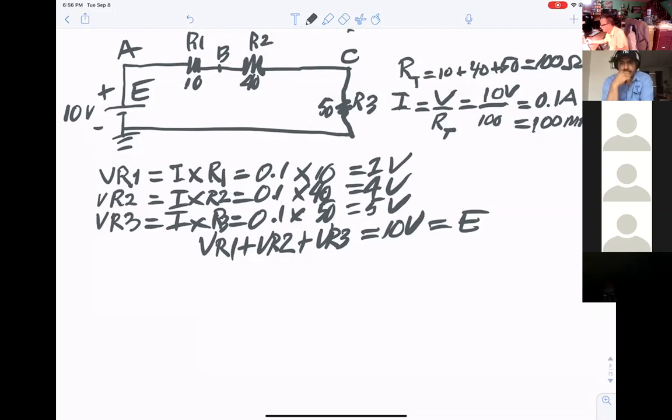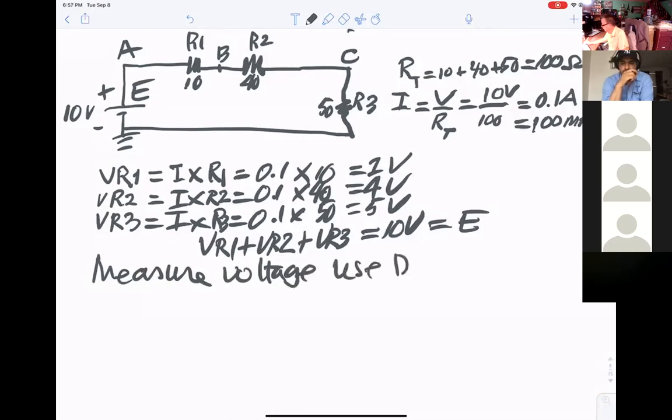Okay, so now if you want to measure the voltage, I'm talking about measuring.